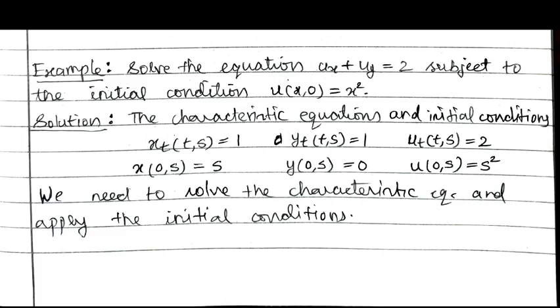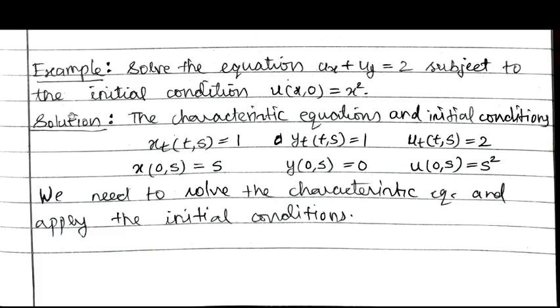And then if you apply the initial condition, you are finding the curves which start with the initial curve. So here the initial curve is a parabola. So from the initial curve, the characteristic curves get their information and they propagate it. So that is the geometric view. Now we will see how to do the problems.